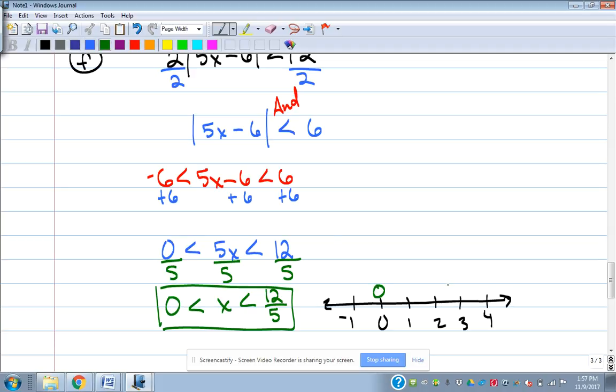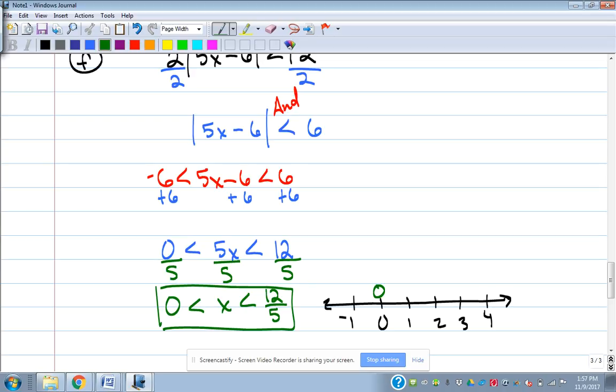12 over 5, where's that at? So is it a little bit past 2 or halfway past 2? How much exactly is it? I don't think it could be a quarter because the denominator's a 5.